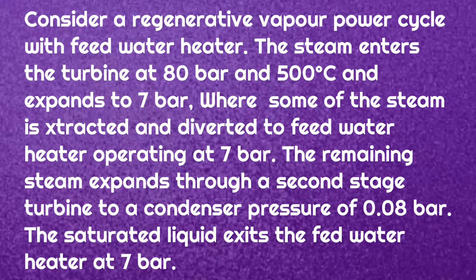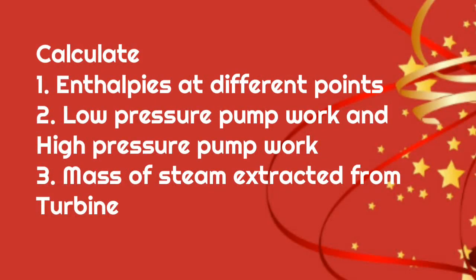The remaining steam expands through the second stage turbine to a condenser pressure of 0.08 bar. The saturated liquid exits the feed water heater at 7 bar. Calculate the enthalpy at different points, low pressure pump work and high pressure pump work, and mass of steam extracted from the turbine.